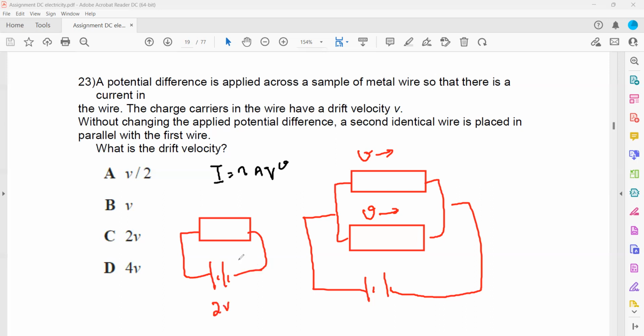So for example, if this is a 2-volt battery, here also 2 volts. So here potential 2, here also potential 2. They have the same area. Area does not change, q is constant, and n is the number of charge carriers, that is also constant for metal. So what happened to the current here? Because the total current in the circuit will be double.